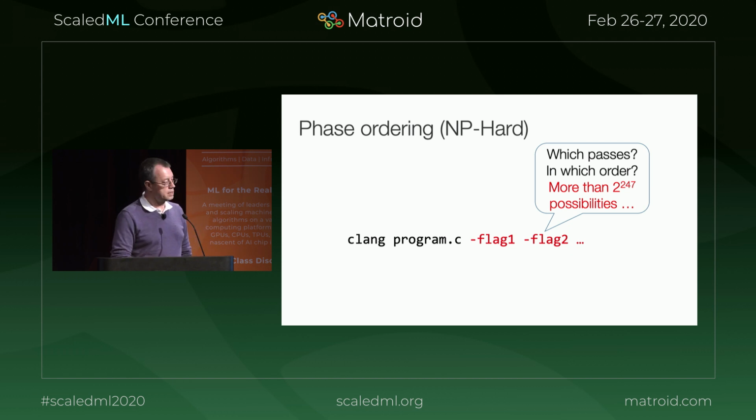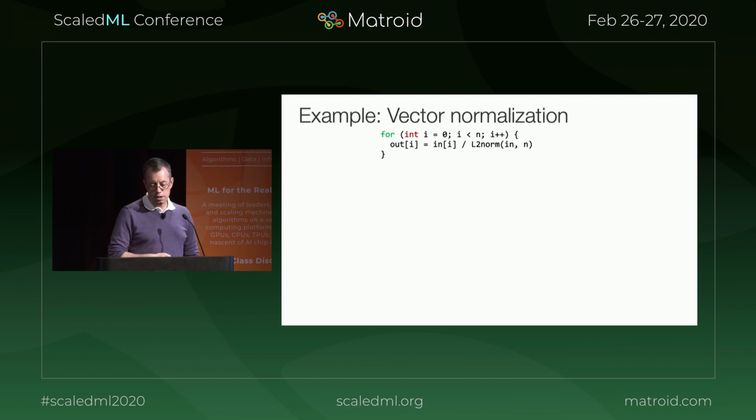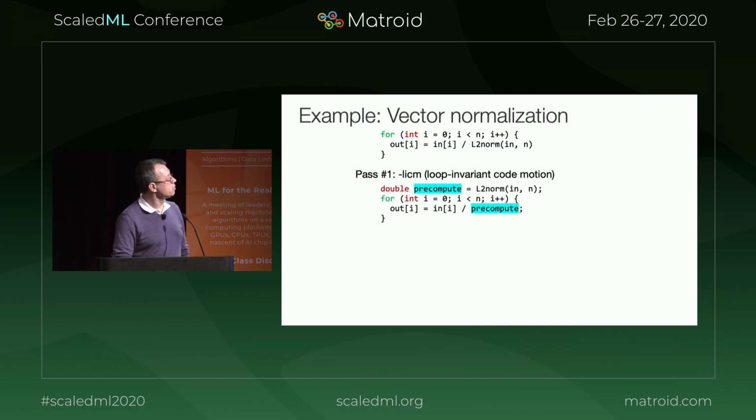Let me just give an example to illustrate why the order in which you apply the optimization phases matters. Here is a very simple example in which you normalize an input by its L2 norm, and one possible optimization here is what is called loop invariant code motion.